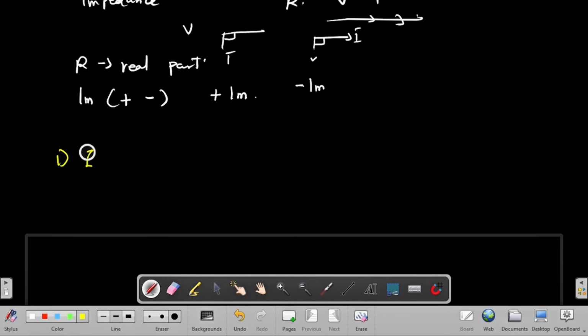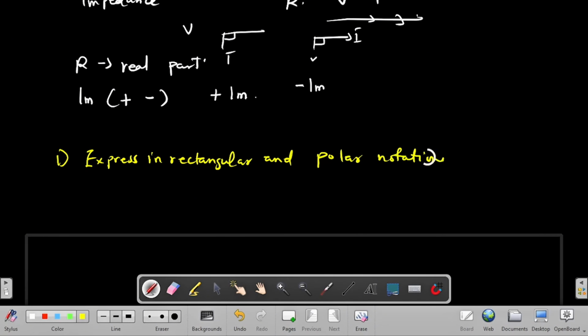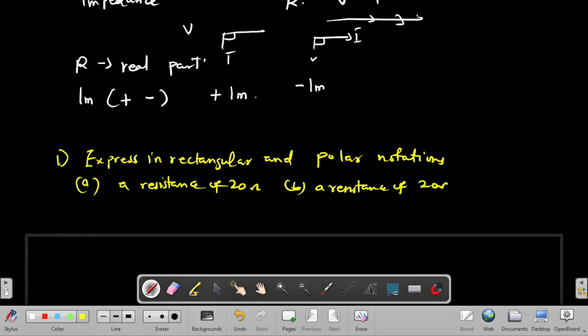Express in rectangular and polar notations: A, a resistance of 20 ohms. B, a resistance of 20 ohms in series with an inductance of 0.1 henries.